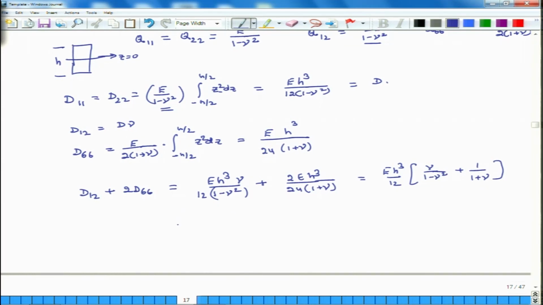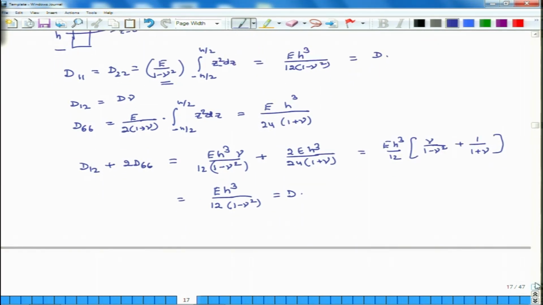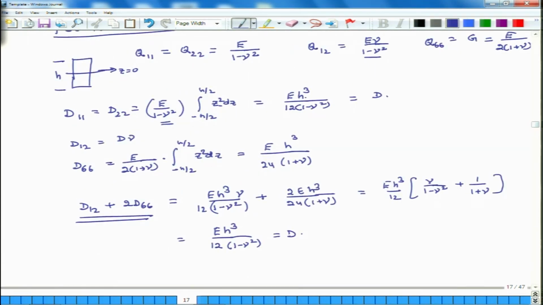You add these up and what you get is ultimately E h cube by 12 into 1 minus mu square. So, this is the same as D. So, D12 plus 2 D66 is the same as D, and D we have defined earlier, which is E h cube divided by 12 into 1 minus mu square.